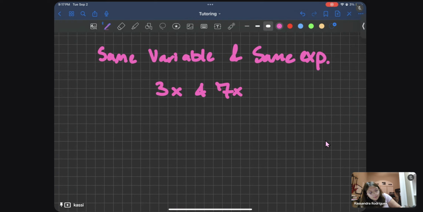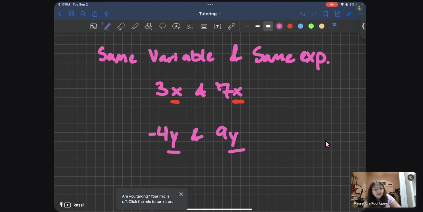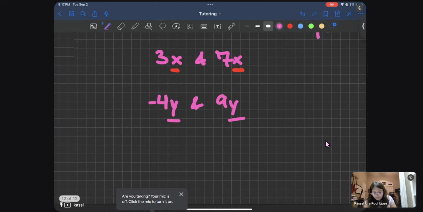Those are the same because they both have an x. Now, what about negative 4y and 9y? Tell me, do you think that those are like terms? Yes, you'd actually be correct. They are, because since they both have y, they would be considered like terms in this case.